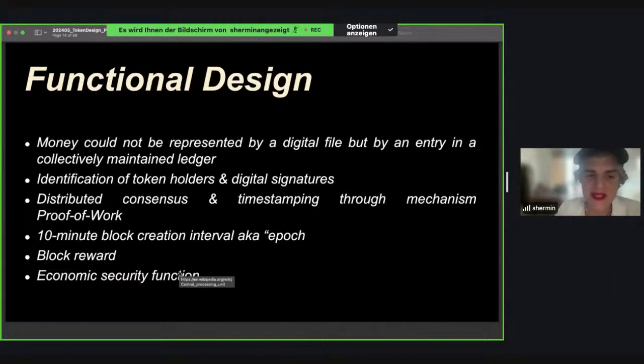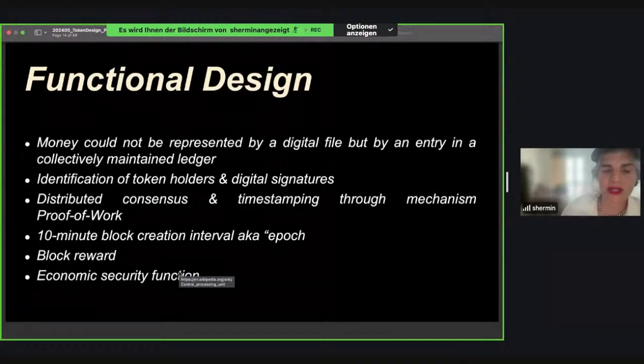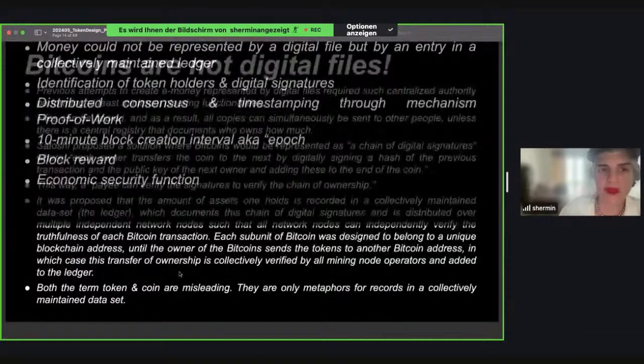The biggest, of course, game changer was the solution of having distributed consensus and time-stamping through the mechanism of proof of work. We will look at that in just a bit. Then another very important design function was the 10-minute block creation interval, the block reward, and the economic security function tied to that block reward.